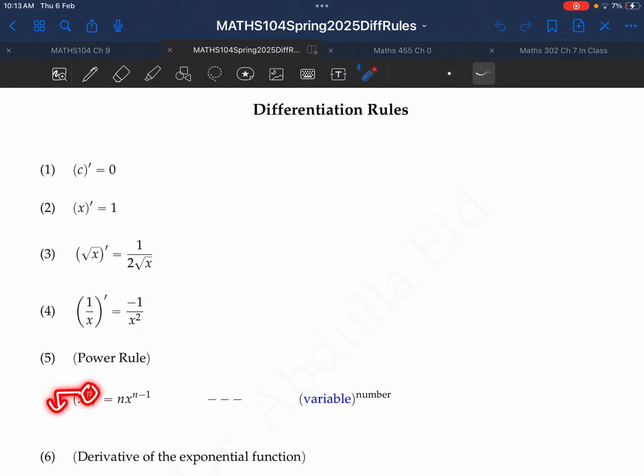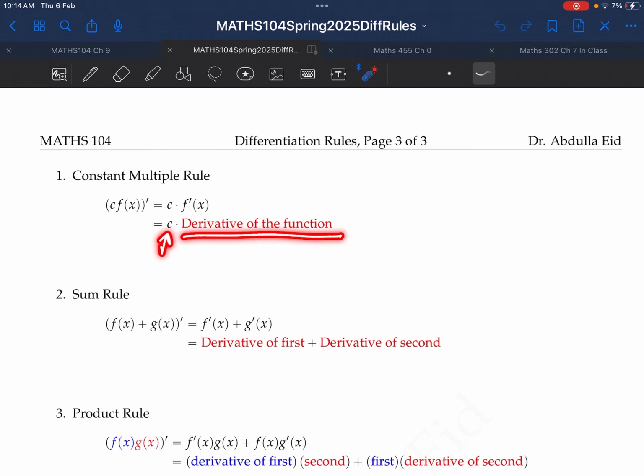Derivative of e to the x is e to the x. Derivative of e to the kx is k e to the kx. Derivative of a to the x is just a to the x ln a. And if there is a number in front of the function, we just take the derivative of the function, we keep the number as is. We have the sum rule.